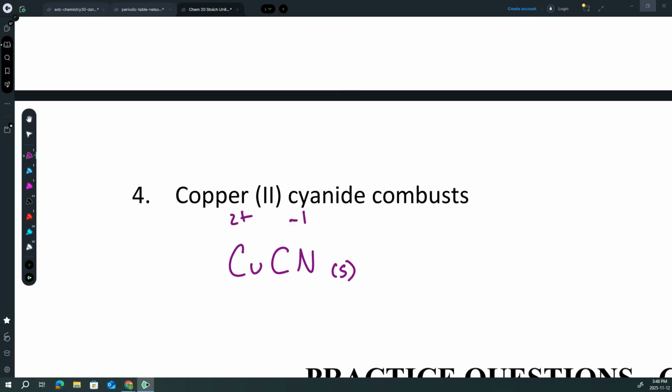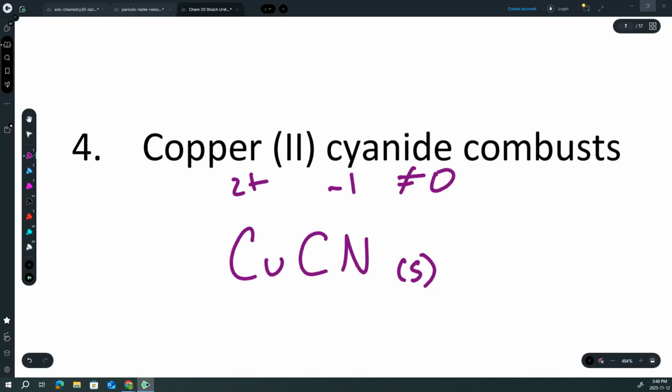So we know that 2 minus 1 does not equal 0. So we got to do crisscross applesauce. But keep in mind, we're trying to put a 2 behind cyanide. And since cyanide is a polyatomic ion, we don't want to say that there's 2 nitrogen. We want to say that there's 2 cyanide ions.